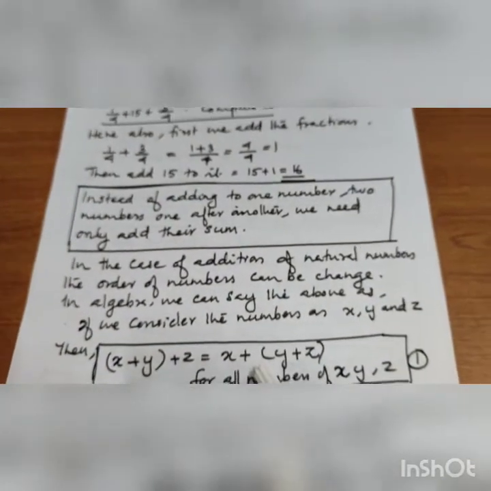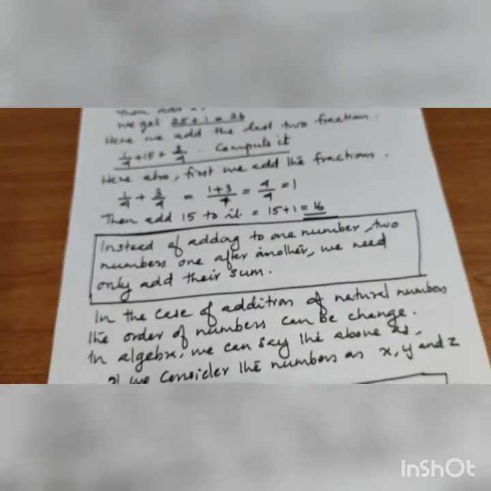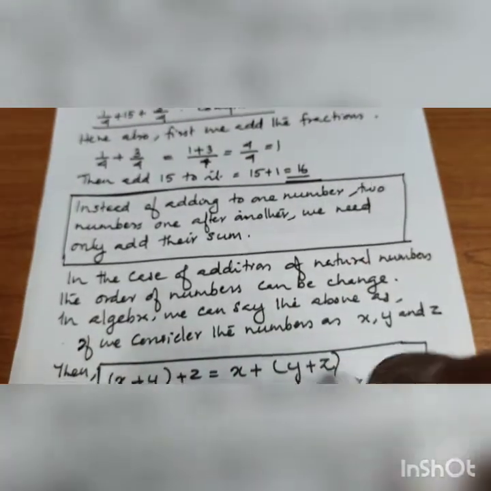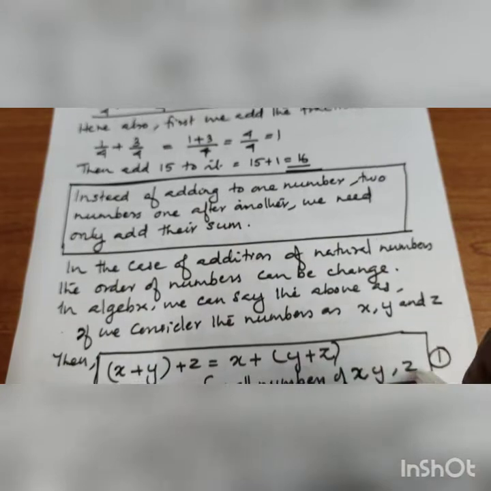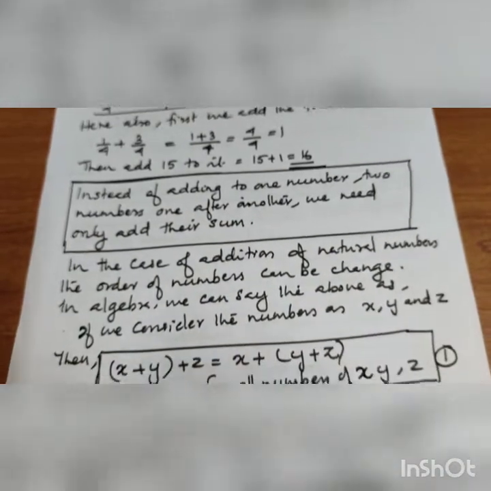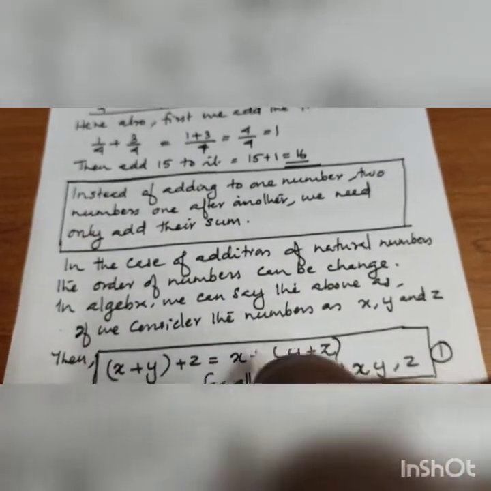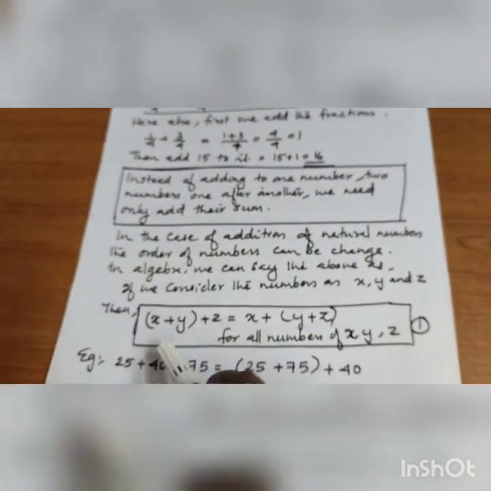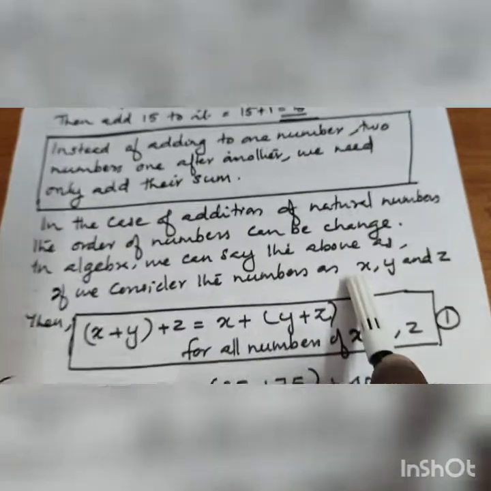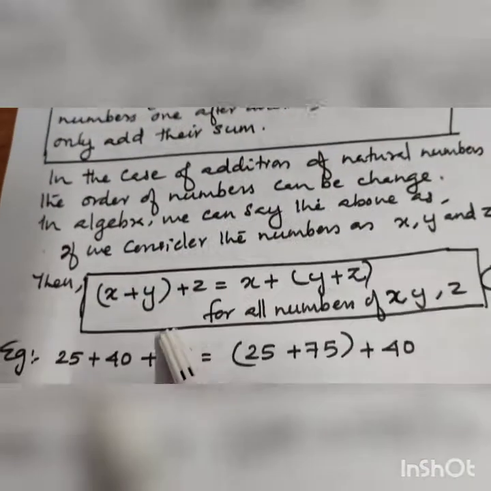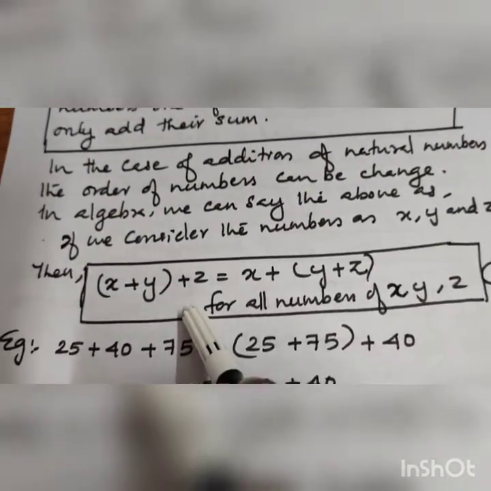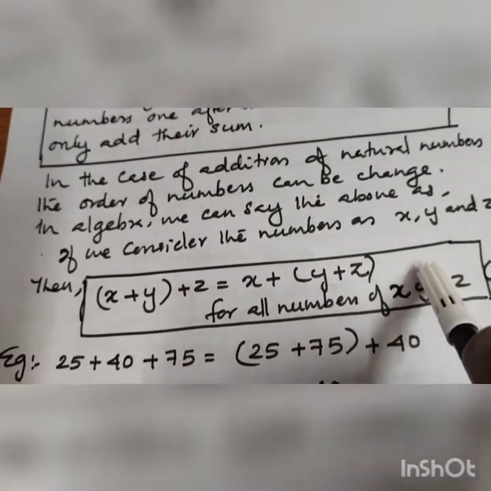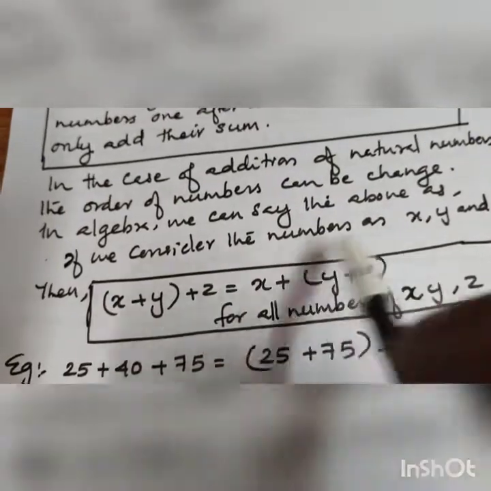In the case of addition of natural numbers, the order of numbers can be changed. That is 1 plus 2 plus 3, or 1 plus 3 plus 2, or 3 plus 2 plus 1. All are equal. In the case of addition only, we can change the order of numbers. If we consider the numbers x, y and z, then x plus y plus z is equal to x plus z plus y.